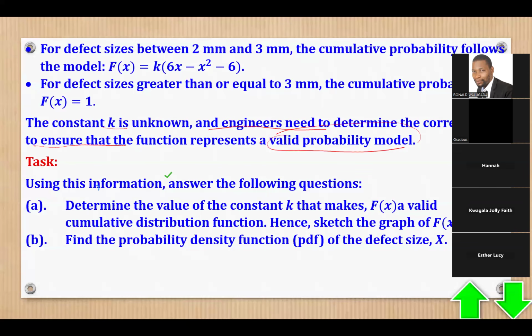Using this information, answer the following questions. Part A, determine the value of the constant k that makes capital F(x) a valid cumulative distribution function. Okay, let's begin with that.